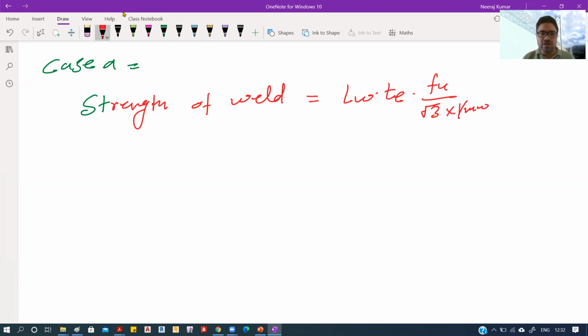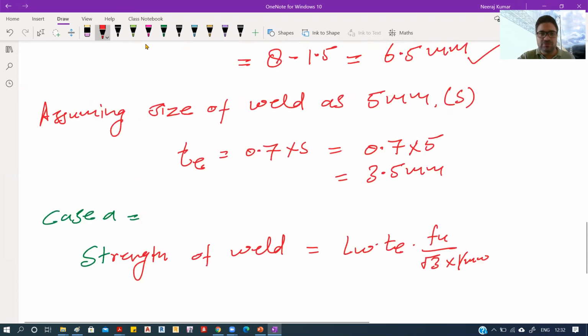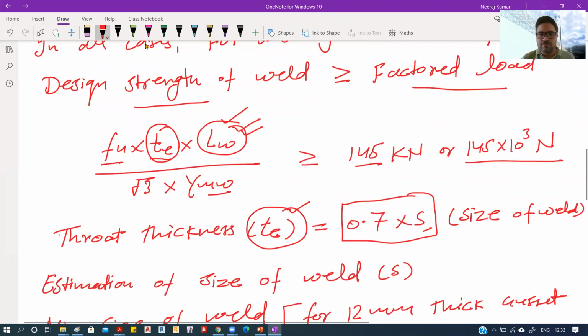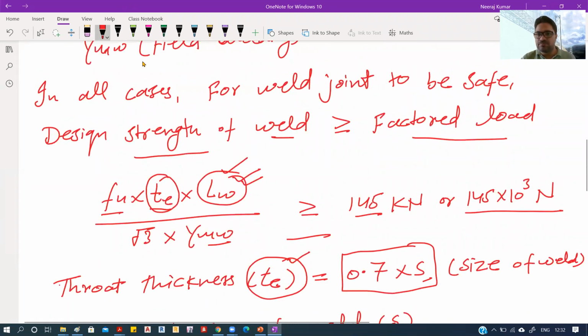Now, if we equate this strength of weld with the factored load, as I mentioned earlier, here you see again, design strength of weld should be greater than or equal to the factored load.